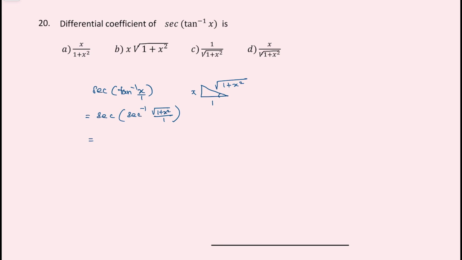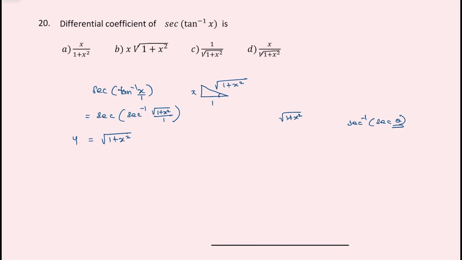Here root of 1 plus x square is a value, so no checking required. Only if you have secant inverse outside and secant function inside, the angle should be in the principal value branch. Here this is not an angle, this is a value, so we can cancel secant and secant inverse. The answer is root of 1 plus x square. This is only the simplification of the given function.